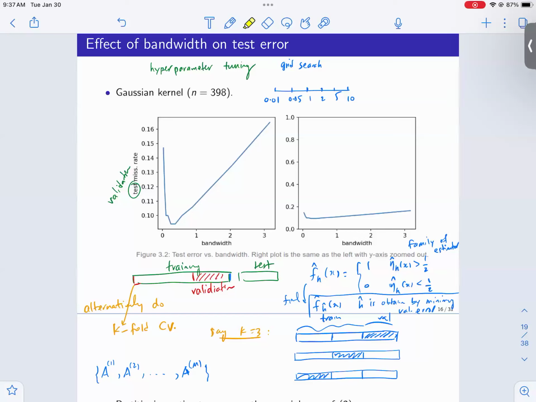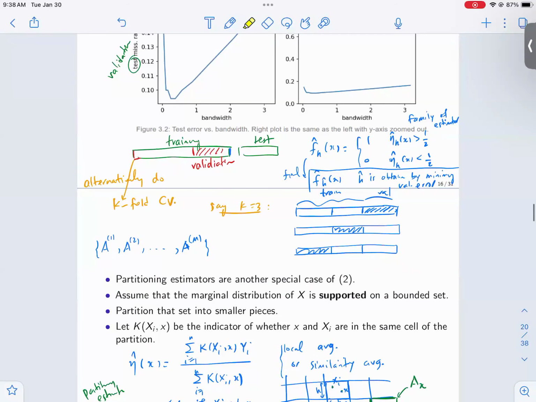There's not much difference between the best and the worst, about 0.05, a 5 to 6% difference in classification rate. We talked about how to choose the bandwidth using either a train-test split or train-validation-test split, and cross validation.